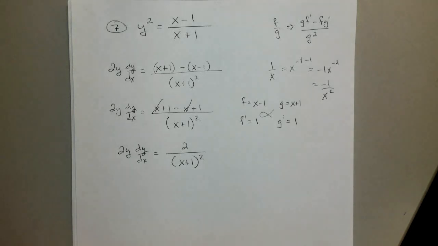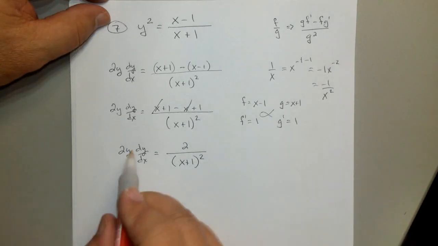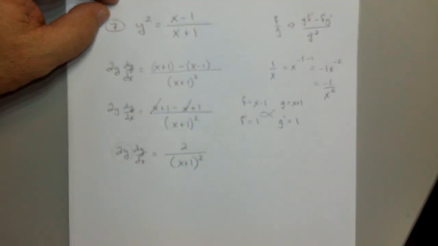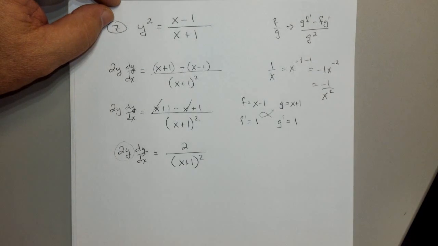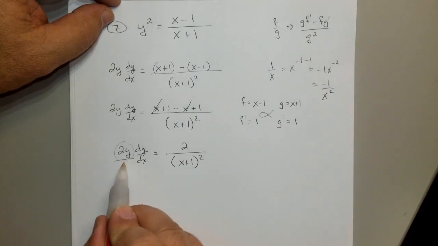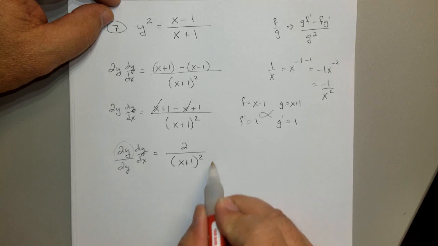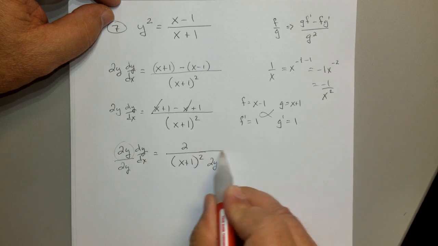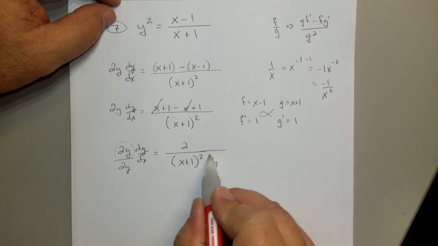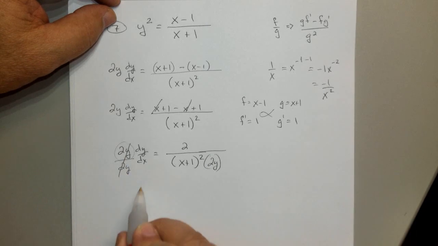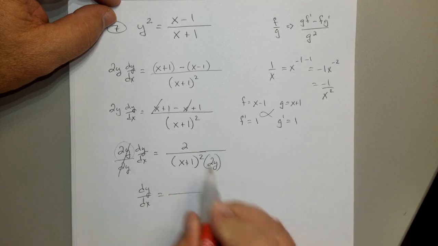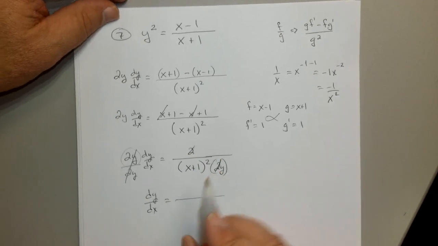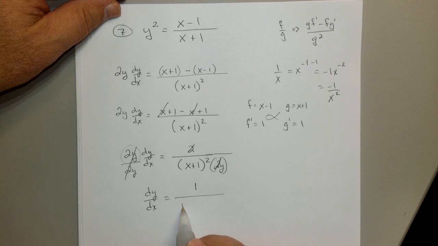What is it? Get rid of this. How do we get rid of that? Divide by 2y. dy/dx. The 2's cancel, leaving 1 over y, x plus 1 squared.